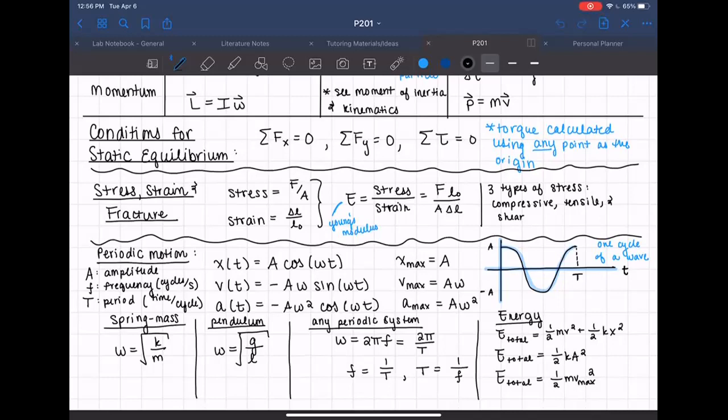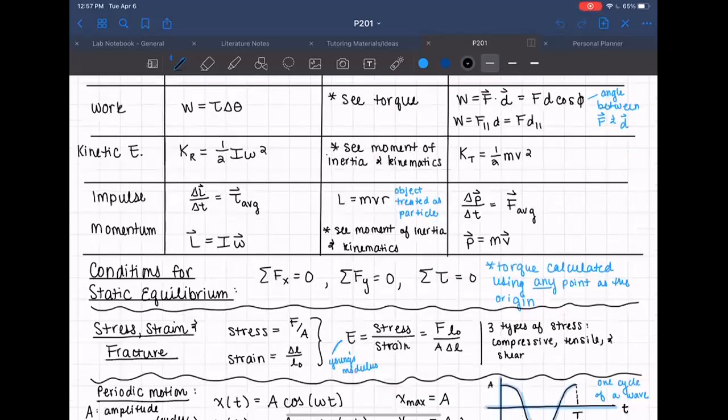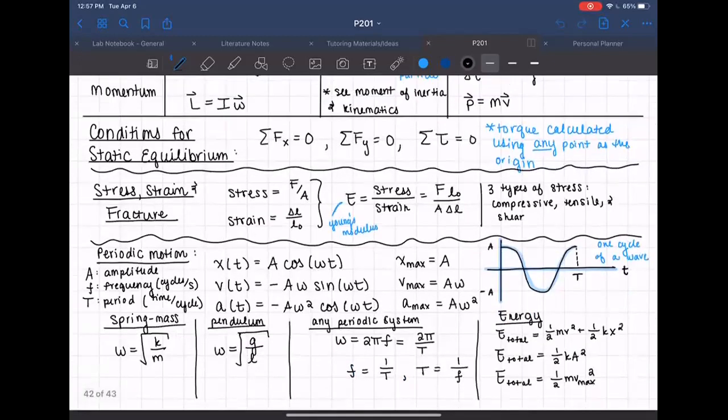Any questions on this page overall or periodic motion? The E total, the first equation, what situation would you use that? That would be if, say, oh shoot, I know this was a homework question, but I don't remember what number it was.